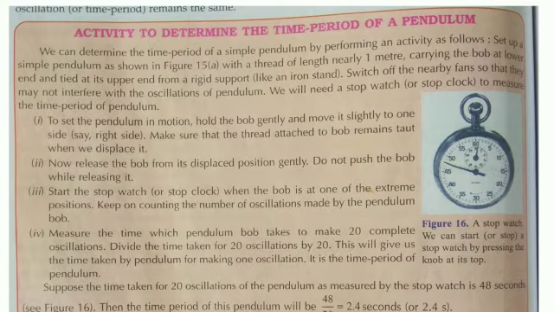So it will give you the time taken by the pendulum for making one oscillation. This is the time period of the pendulum. Time period means the time taken for making one oscillation.